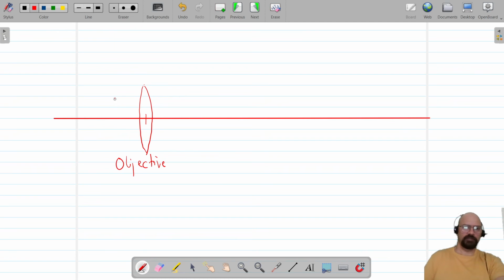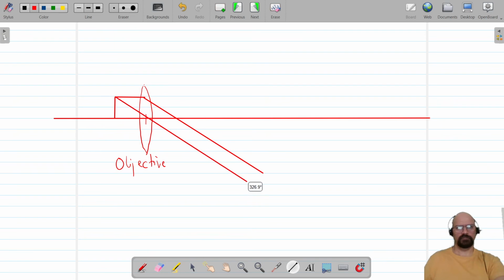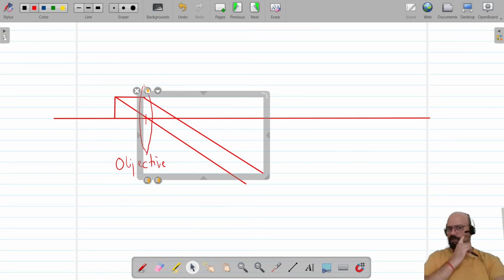So let's keep the object here. So they will produce a real, inverted and magnified image of the object.